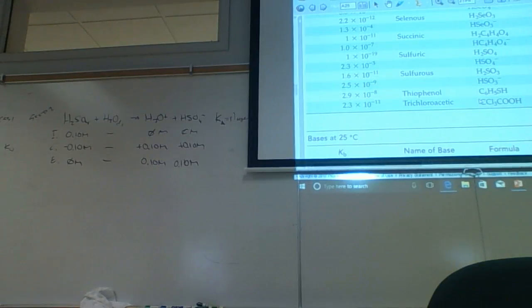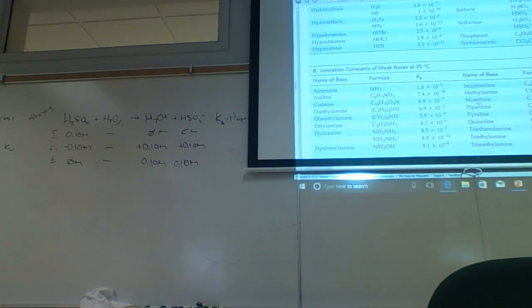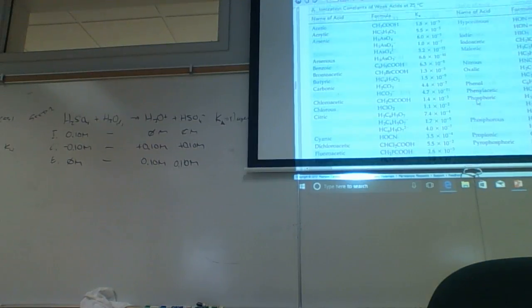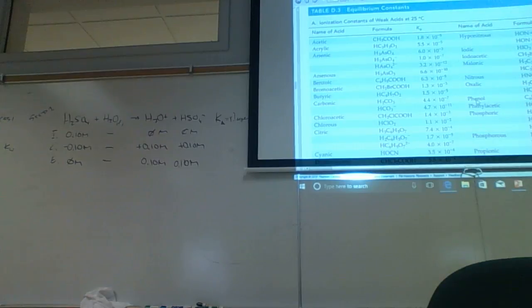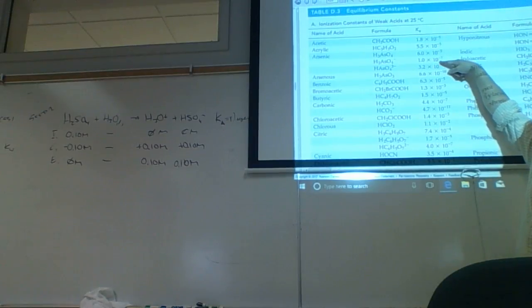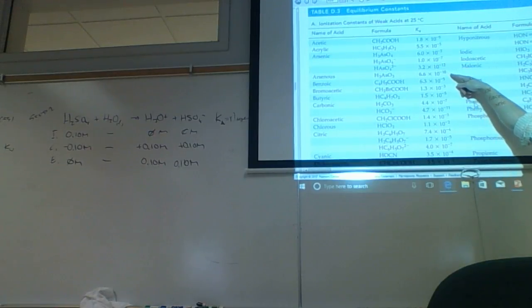Actually, did we scan this table yesterday? No? All right, let's take a little scan of the table. Let's see. We're just going to look at the magnitude of 10 to the minus 5, 10 to the minus 12, 10 to the minus 10. Look for the biggest and the smallest.